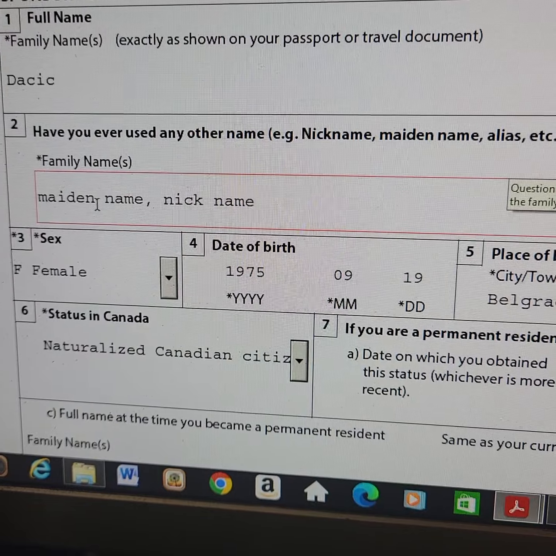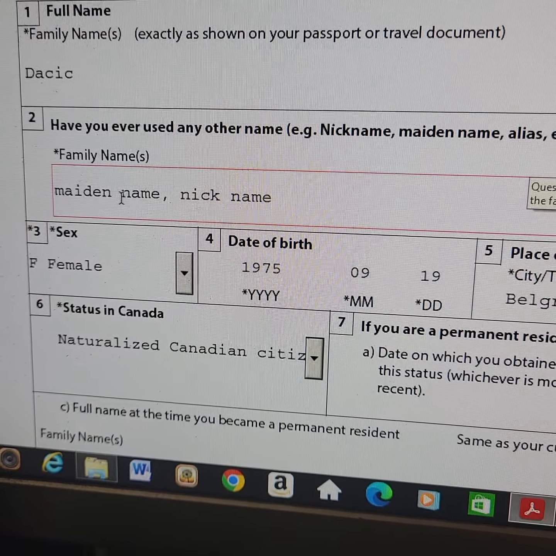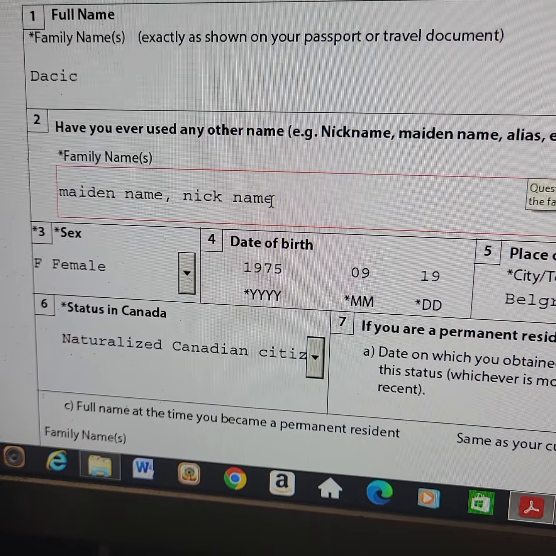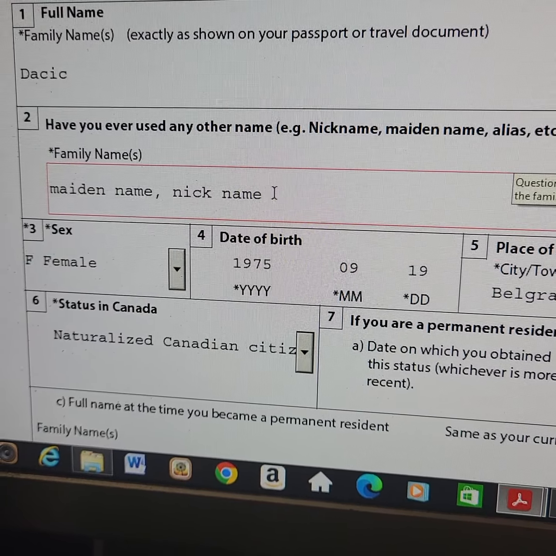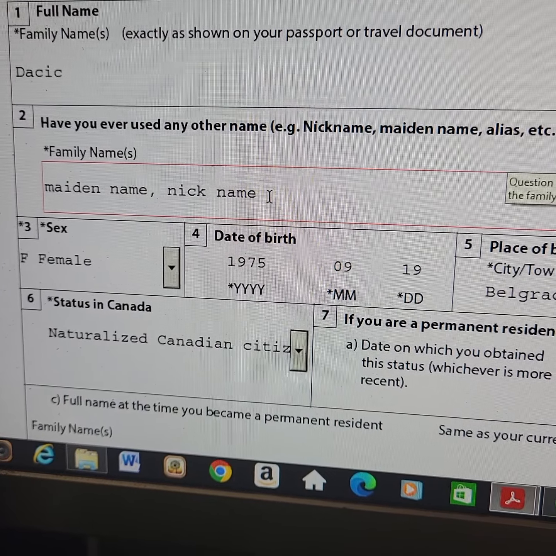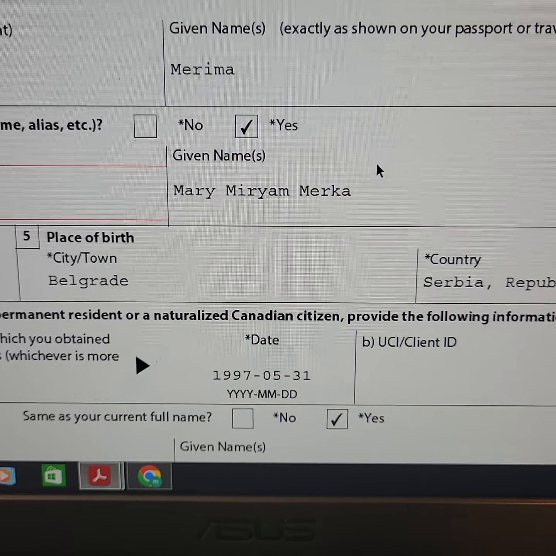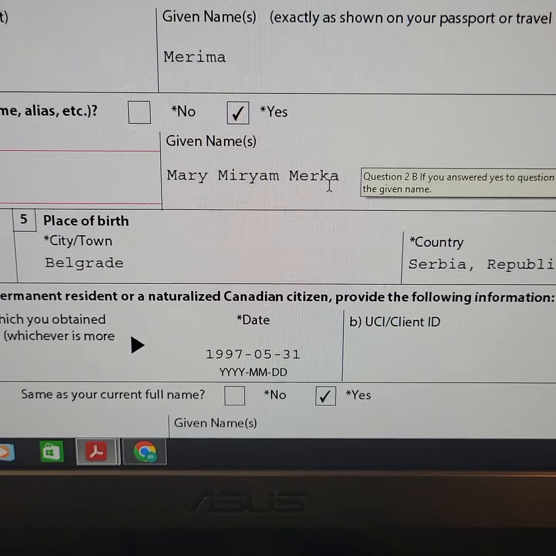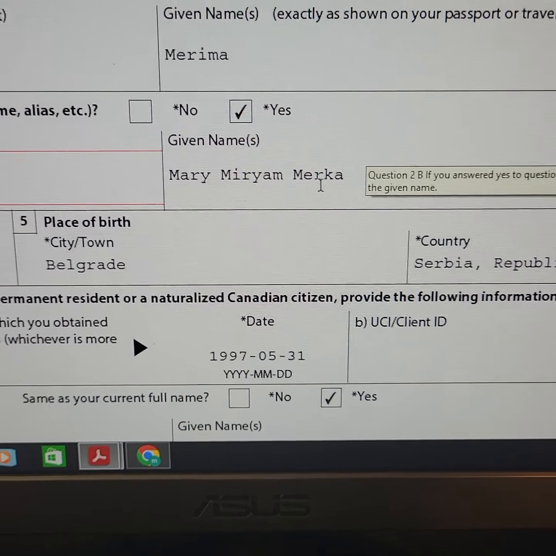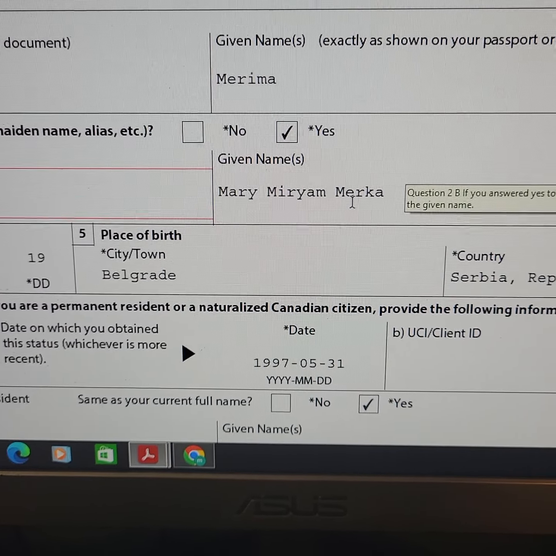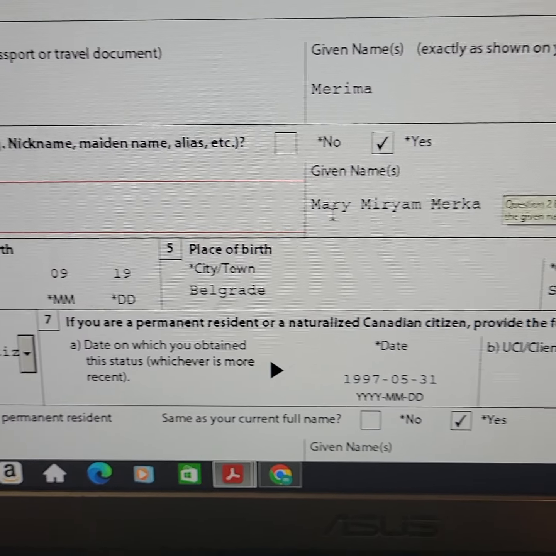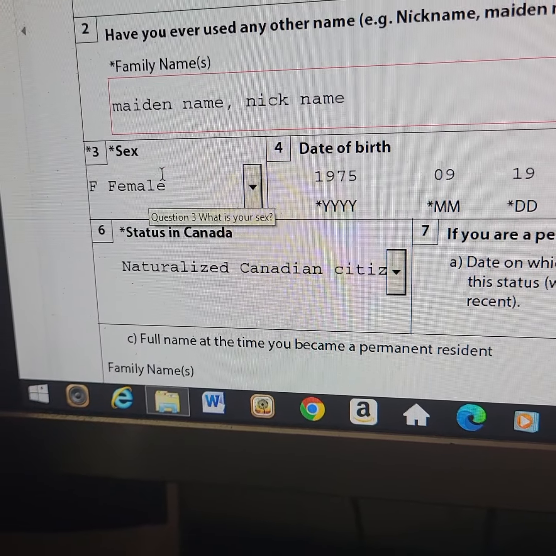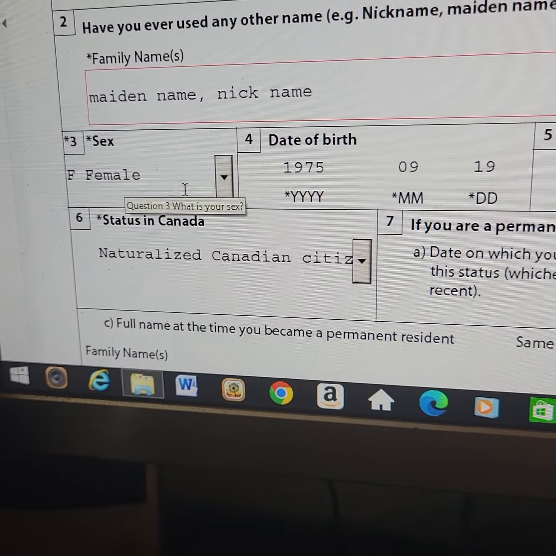Now, if it's a woman, you would put your maiden name, which means before you got married, and then any nicknames that you used in your social media, people know you by that nickname. And here also you would put your given names that people would know you, that you go by, okay? So anything that's related to you on your social media, you would put all these names here, and family names, okay? Obviously sex, either female or male.